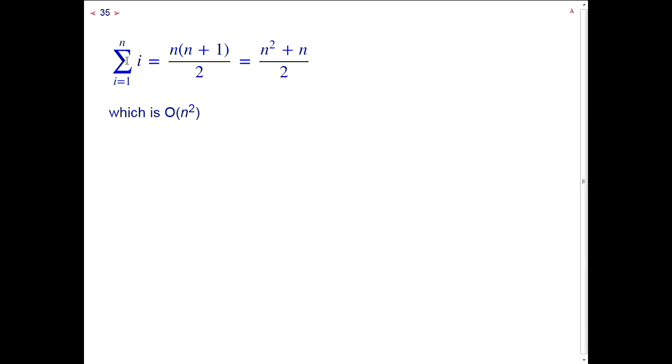If you have 2 nested loops, and the second loop starts at the index of the first loop, then you typically have a runtime of the number of primitive operations that corresponds to n plus (n minus 1) plus (n minus 2) plus (n minus 3), because the inner loop will be executed fewer and fewer times as you go through the outer loop. But still, the overall runtime behavior, as we can see here, is O(n squared), as if the 2 nested loops were both running from 1 to n.